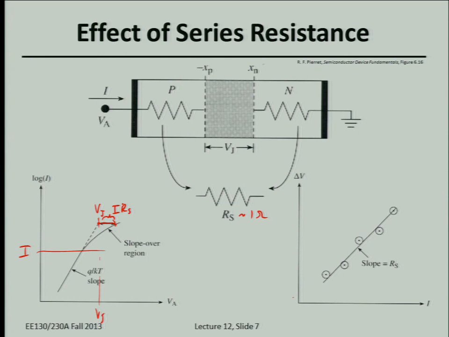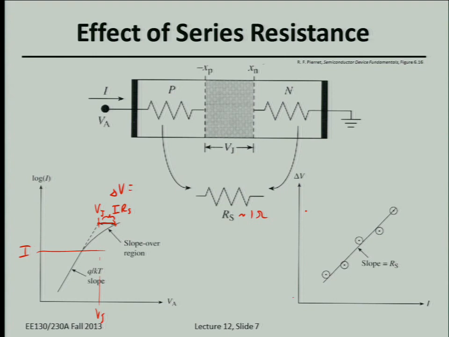So you can plot ideally what the current should look like as a function of voltage, and you can plot this difference, delta V, as a function of current, shown on the right. The slope will give you the series resistance. Typically it's pretty small, on the order of an ohm, so you don't see it until you go to high currents.